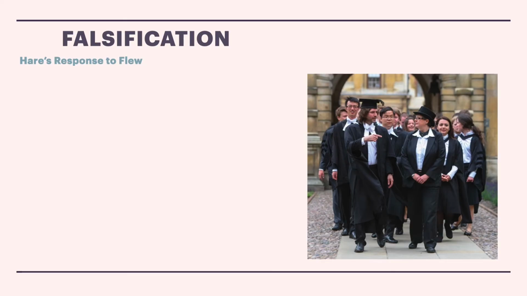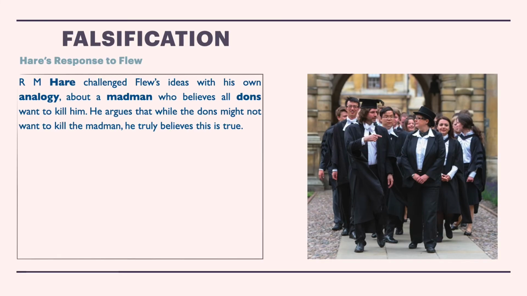Richard Hare responds to Antony Flew, and he responds with his own parable analogy about a madman, a student at university, who believes that all the dons, which is an Oxbridge term for professor, want to kill him.